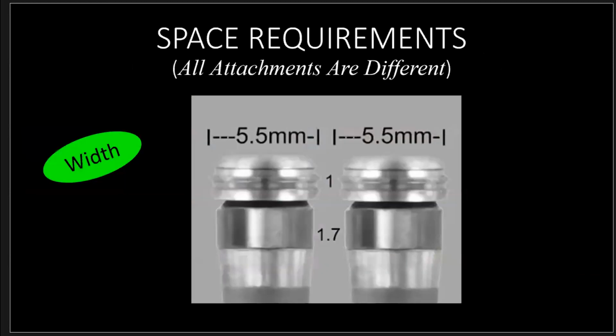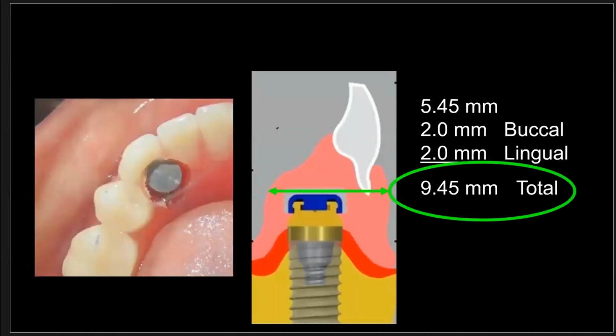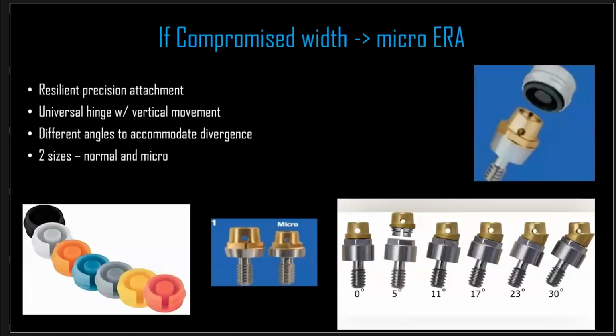All attachments will be different, but if we look at the locator, which is going to be our most common one, we need adequate acrylic surrounding that housing. So you need 2 millimeters on the buccal and lingual. So we really need actually 9.45 millimeters of horizontal space to retain the locator housing. In instances where you do not have adequate space, I've used a micro ERA.